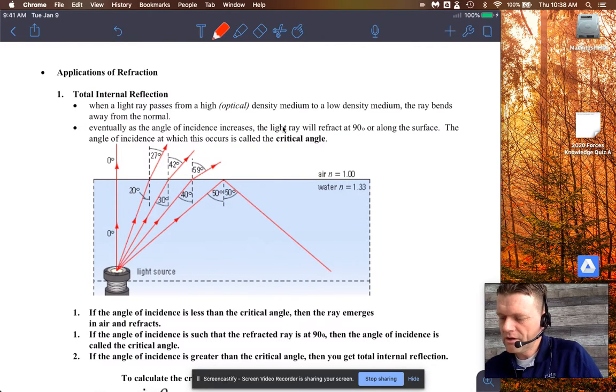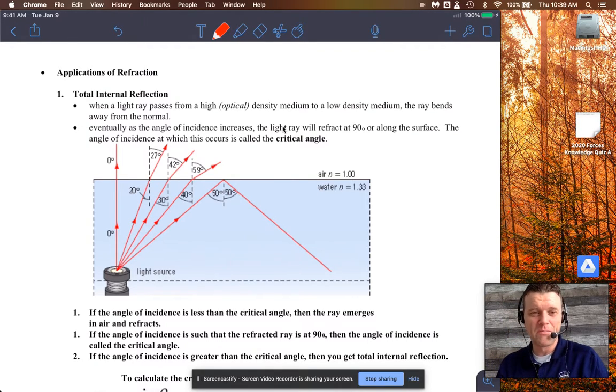And with an increasing incident angle, see, so we come in here at 20 degrees, at 30 degrees, at 40 degrees, the light bends further and further away from the normal. But when you get to a certain point, it bends so far away from the normal that it doesn't leave the water. And there's a perfect angle that will cause that, which this doesn't show.